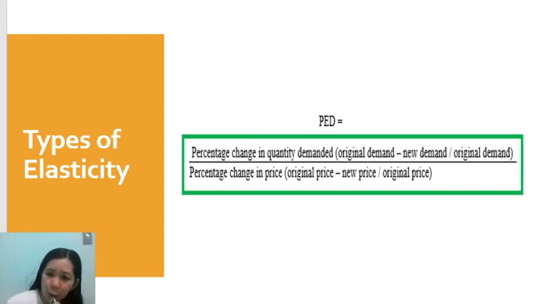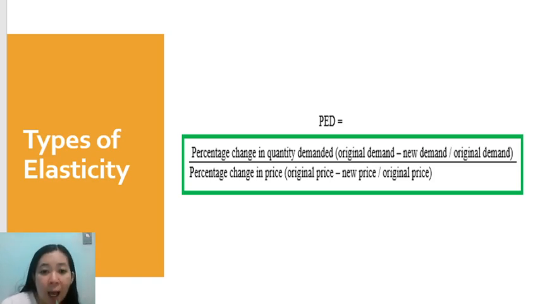To compute the price elasticity of demand, we have the following equation. It is equal to the percentage change in quantity demanded, which is the original demand minus the new demand divided by the original demand.